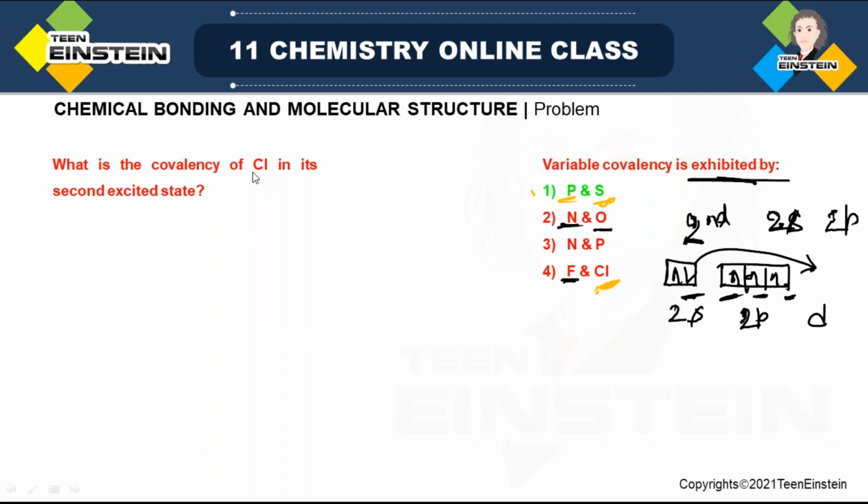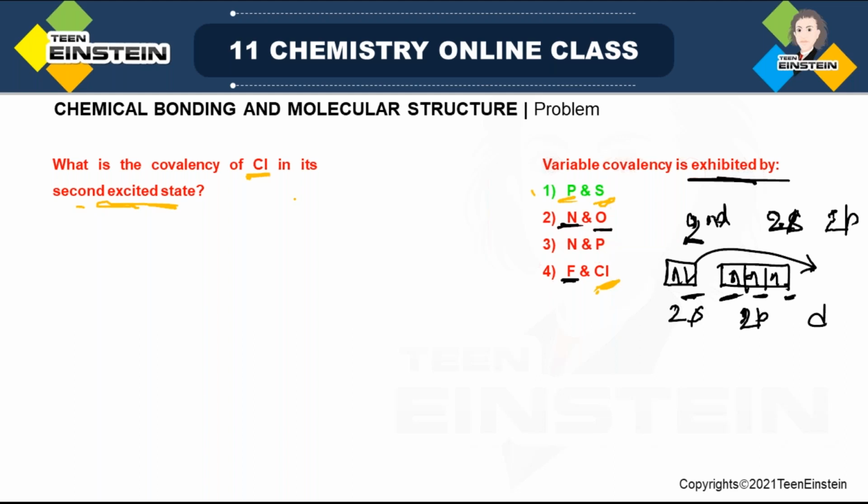Next question: what is the covalency of chlorine in its second excited state? Now chlorine shows variable covalency, as we have just seen in the previous problem. But in the second excited state, what will be its covalency? Because there are different types of covalency possible for chlorine. It is from the third period and from group 17.